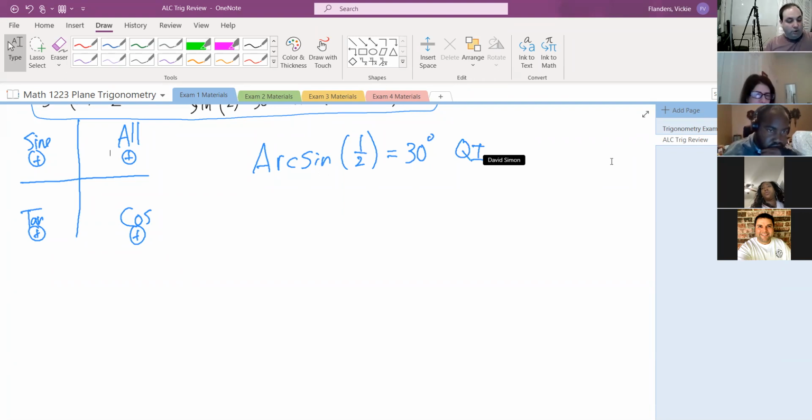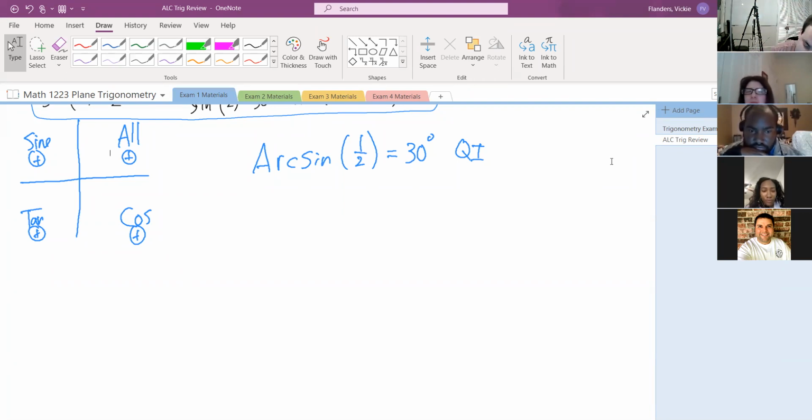And notice in your calculator, if you hit second and sine, you'll get the inverse sine operator. I don't know if y'all can see it on my camera or not. It's kind of dark. Second and sine gives you the inverse sine operator, and if you put in 0.5, it gives you the 30 degrees like what I have written here.